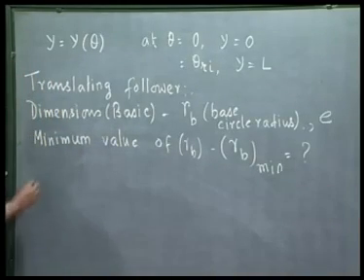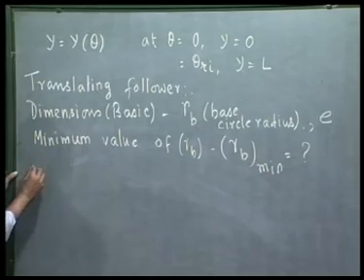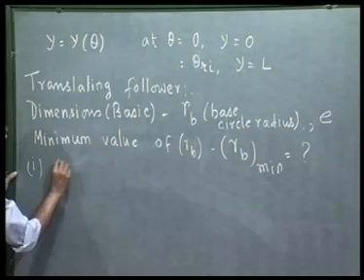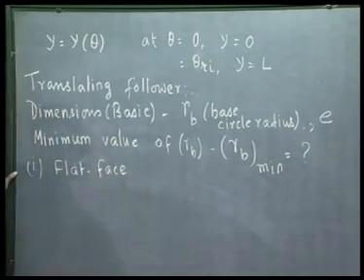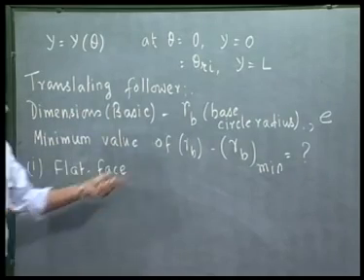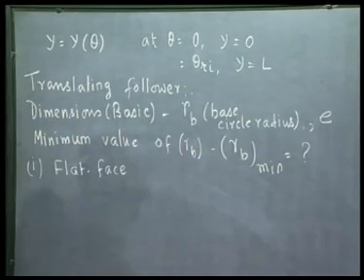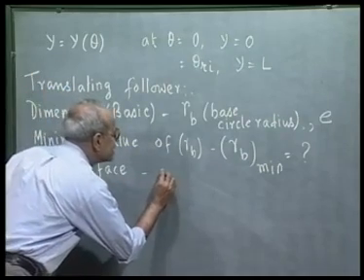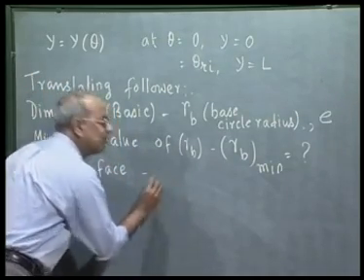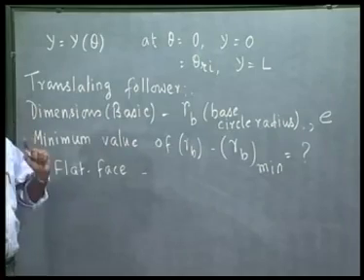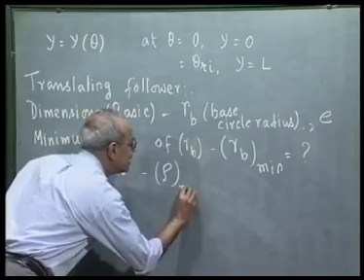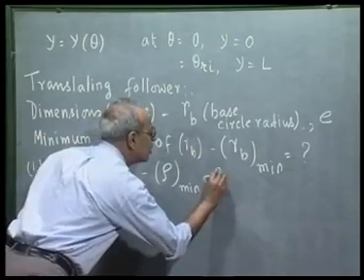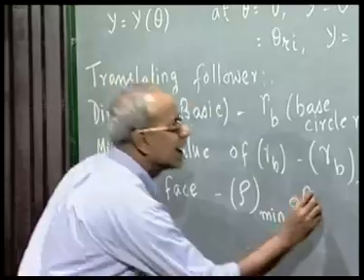For example, one is, suppose we are talking of translating follower, we talk of a flat face follower. Now, this minimum value of RB of a flat face follower will be governed by what is the minimum value of the radius of curvature of the cam profile. So, we say rho min, where rho is the radius of curvature of the cam profile.